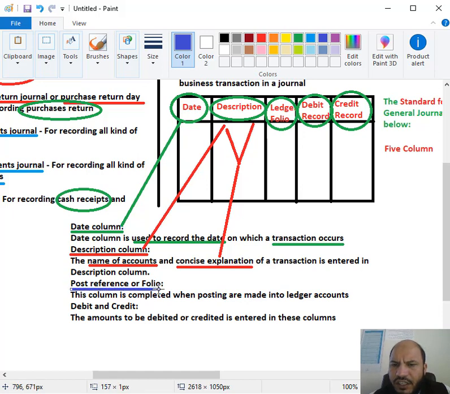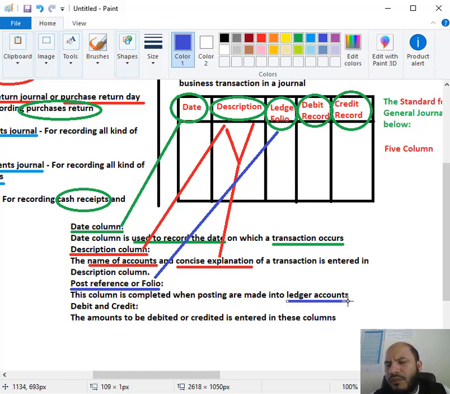Some organizations use the term folio for it, and we can also call it the reference column. Reference column is another name. This column is completed when we post the transaction into the ledger account.